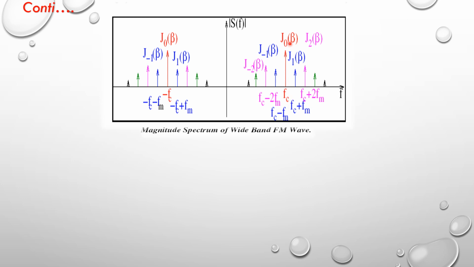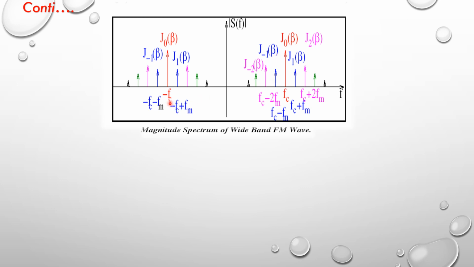At fc, the references are J naught of beta, and the first one is J1 of beta with respect to the positive carrier frequency. With respect to the negative one, it is J naught of beta, and the next function is J minus 1 of beta.